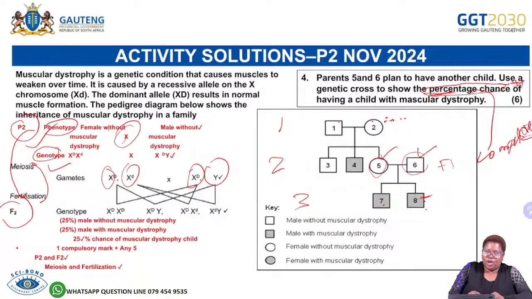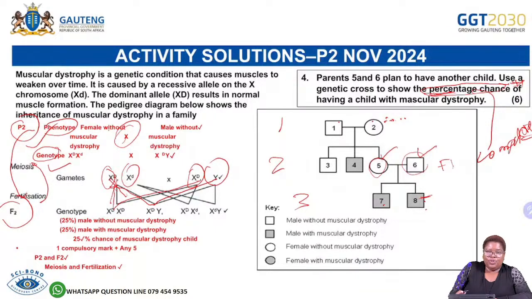Now, when you do your genetic cross, in your F2, you're going to have, okay, after doing all the crosses, right, make sure that this one crosses with this one, the first one, the second one, the first one, you cross it with the second one.